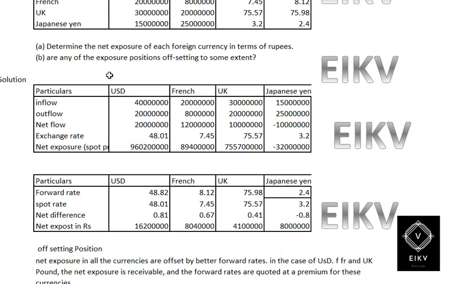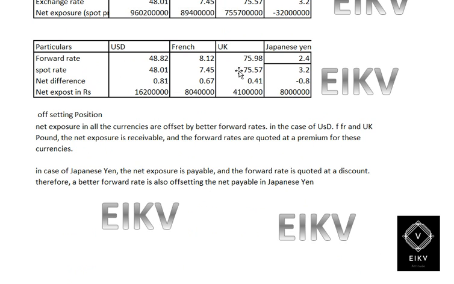After that, going ahead with the second question, are any of these exposure positions offsetting to some extent? Over here we have to take the forward rate and spot rate. After computing that, we need to take the netting of the difference. The difference is nothing but forward rate minus spot rate.